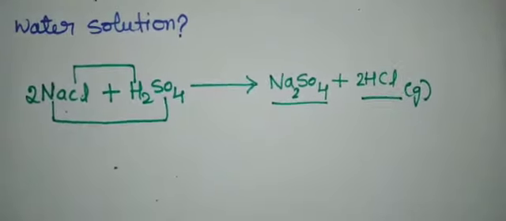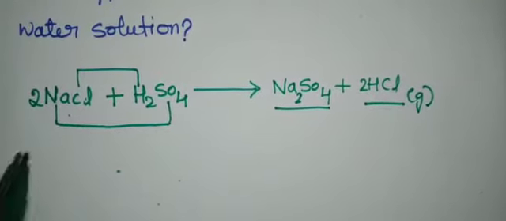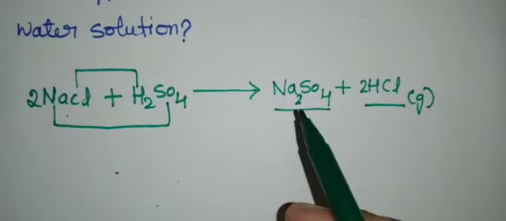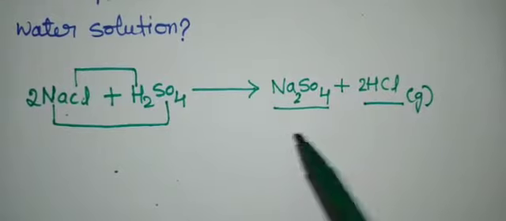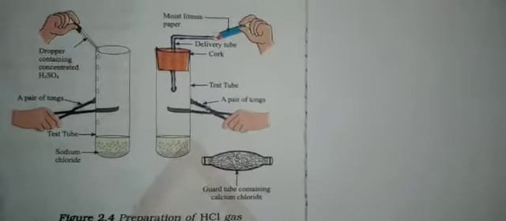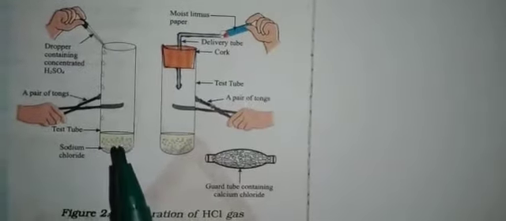When the reaction happened, we got sodium sulfate which remained in the test tube itself, and whatever HCl is produced is in the gaseous state. It is coming out from this tube.